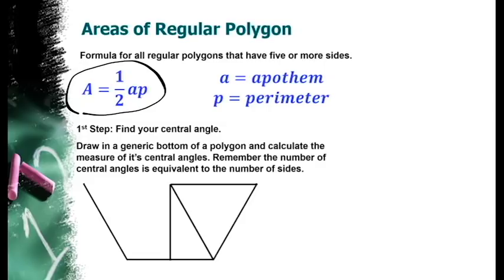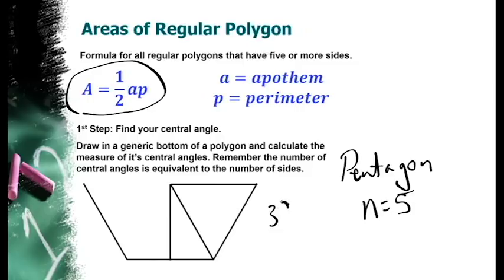So let's say here we have a pentagon. That means we have 5 sides. To find our central angles, we would take 360 degrees divided by 5, which puts us at 72 degrees each.